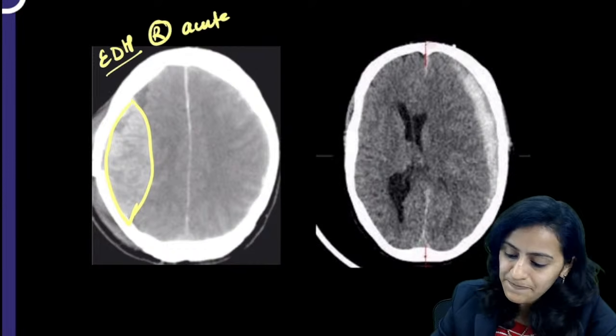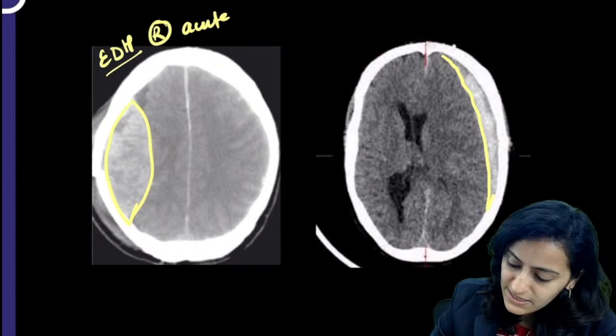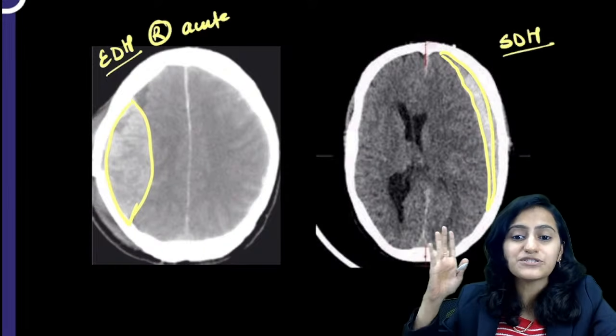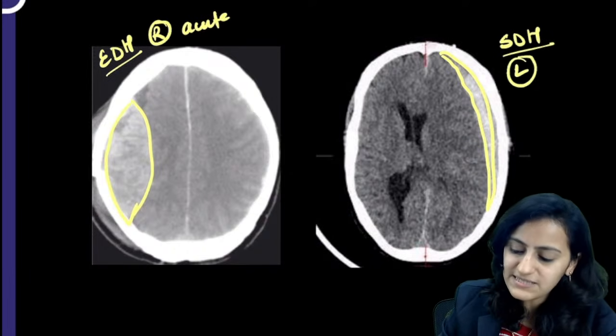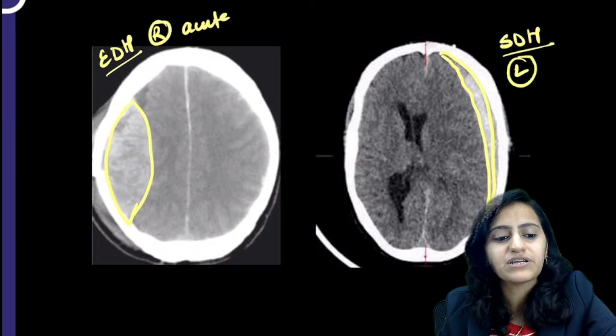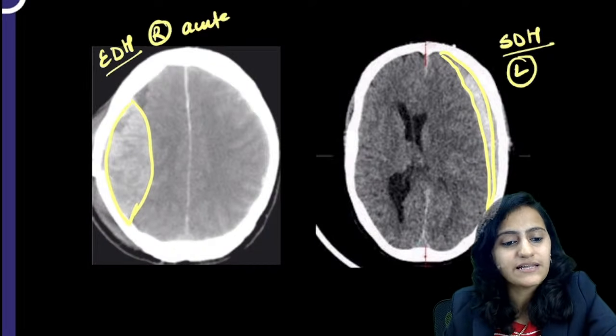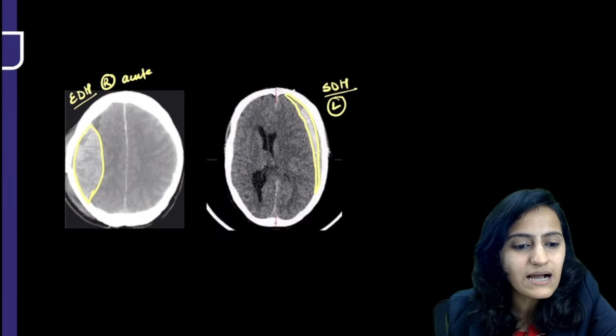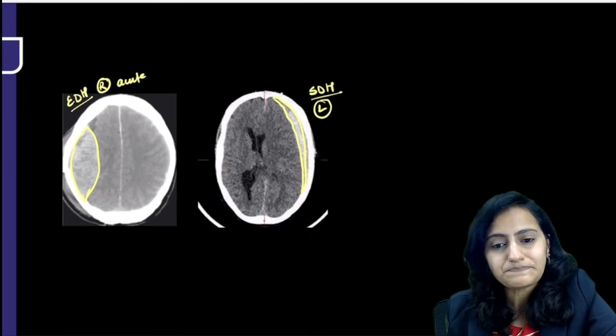It is hyperdense. This one here, which is sickle shape or crescent shape, this is SDH. This is your right side, that means the patient's left side. This is left acute SDH. So this is one of the images frequently asked in the exam.